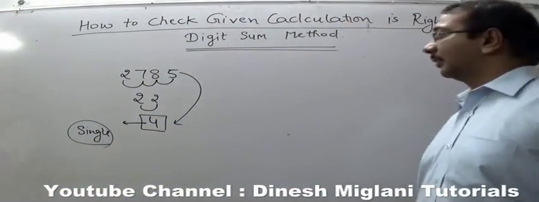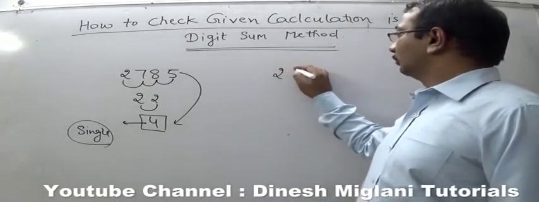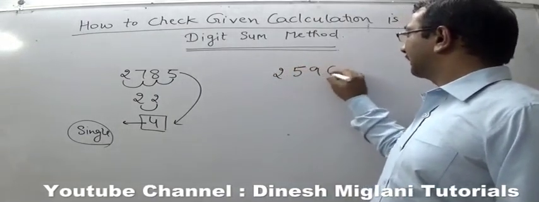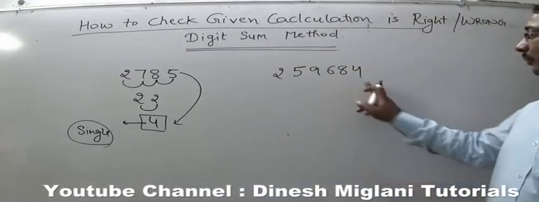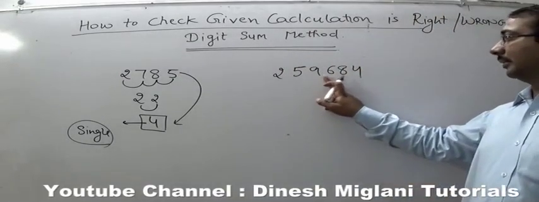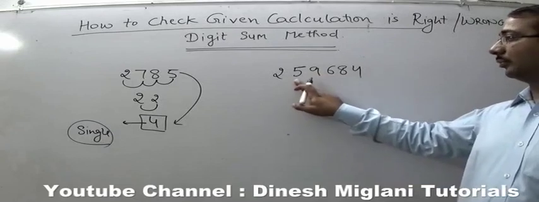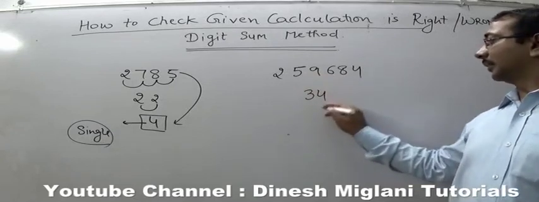Let us take one more example. Suppose the number is 259684, and I have to find its digit sum. 4, 8 is 12, 6 is 18, 9 is 27, 5 is 32, and 2 is 34, then 3 plus 4 is 7.